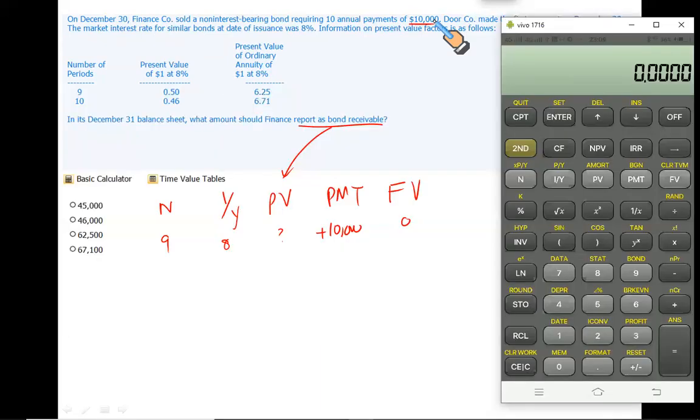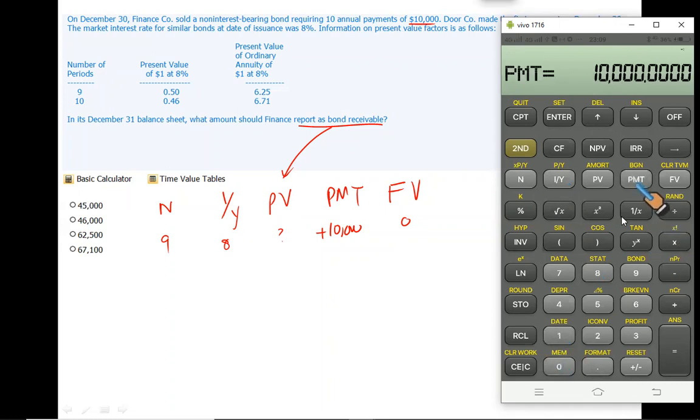If we plug these into our financial calculator, let us see what we get. We have 9 as N, 8 as the interest rate per period, and the payment is 10,000 positive because it's an inflow. You are an investor, you will receive this.